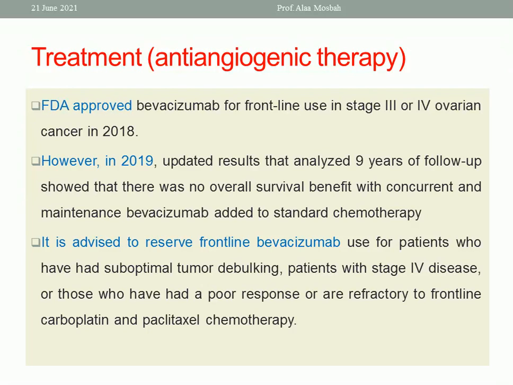It is advised to reserve frontline bevacizumab use for patients who have had suboptimal tumor debulking and in patients with stage 4 disease, or those who have had poor response or are refractory to frontline carboplatin or paclitaxel chemotherapy.